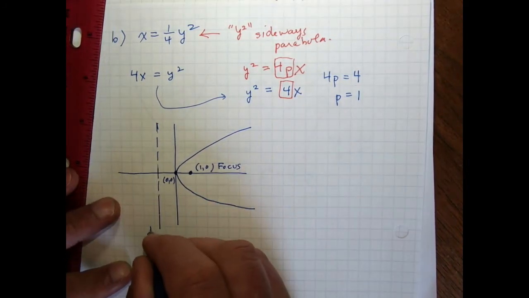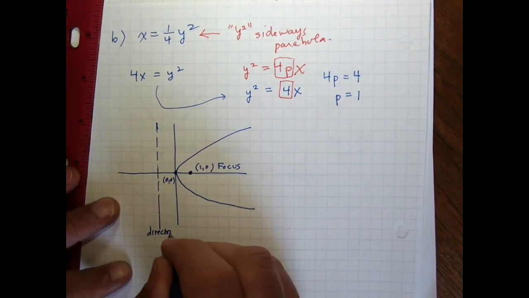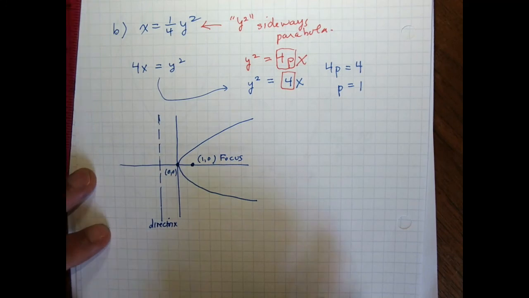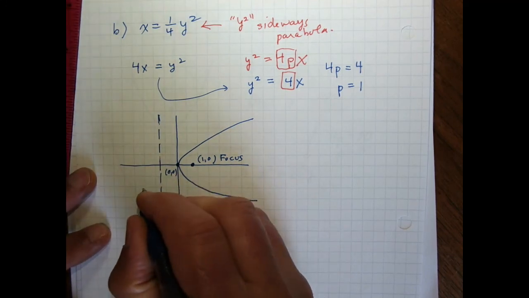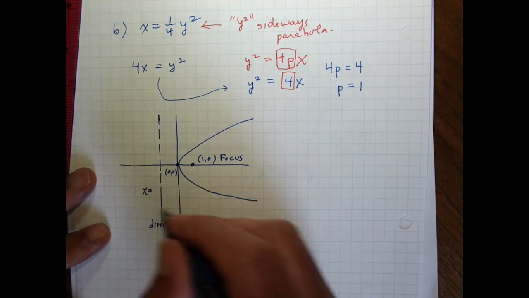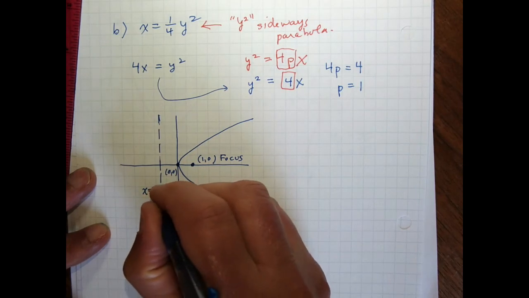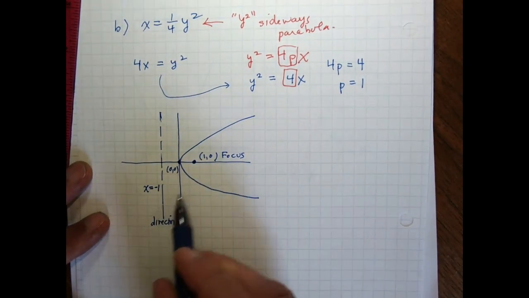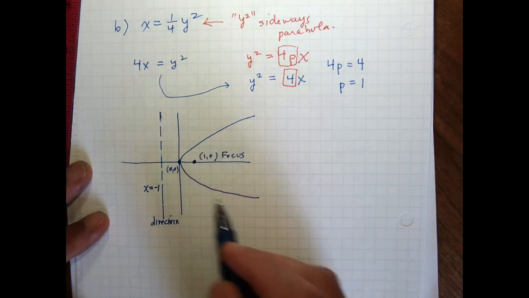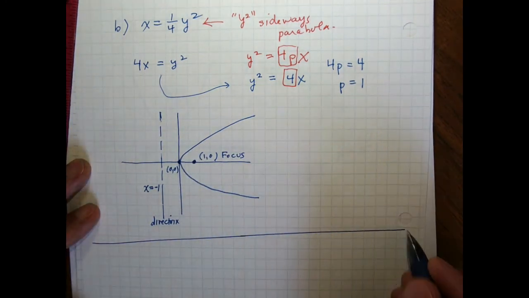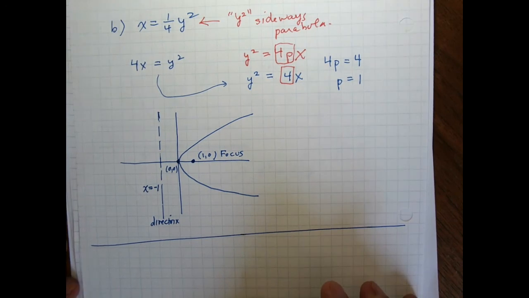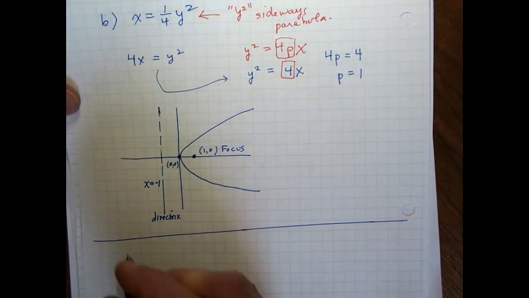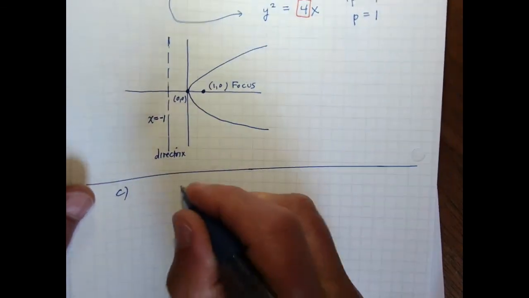It's going to be a vertical line, so its equation is x equals a constant, x equals -1. So there's the directrix, the focus, and a rough sketch of the graph of the parabola for part B of number 2. And then part C, I think there's one more.